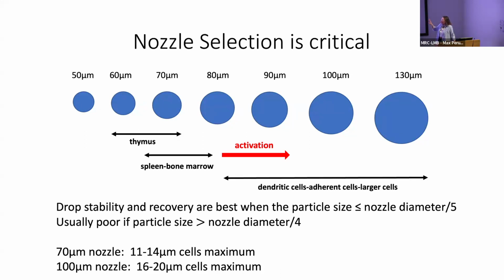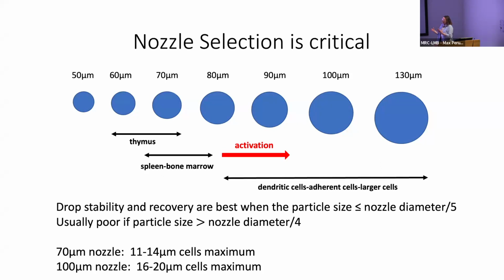So one of the other considerations that you want to think about is that it's not just this perfect ratio between the cell size and the nozzle size. You also have to consider the viability or the sensitivity of the cells being sorted. As I mentioned earlier, when you go up to very large nozzles, you'll have a much lower pressure.